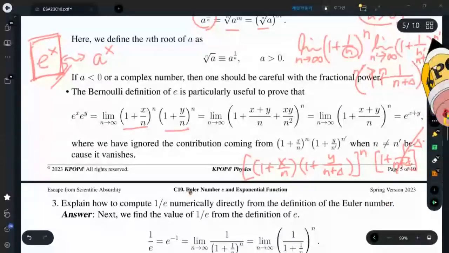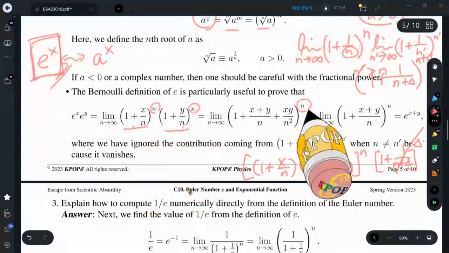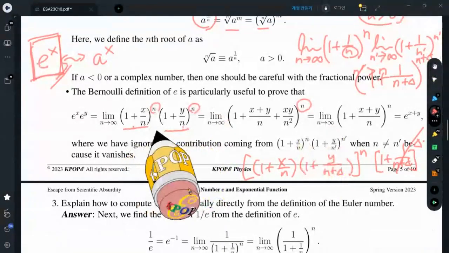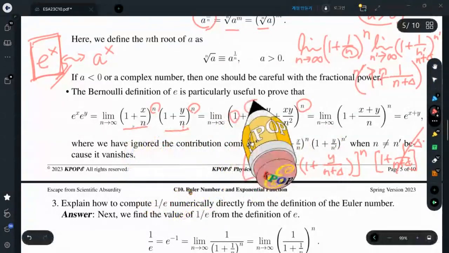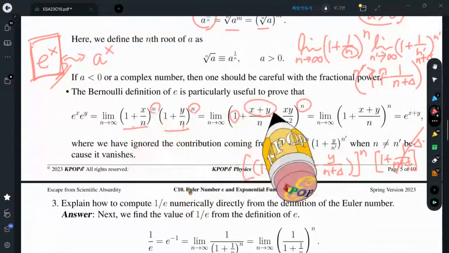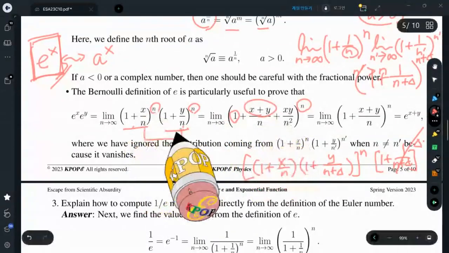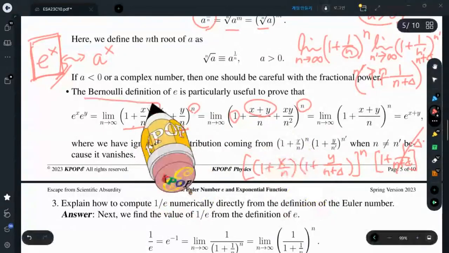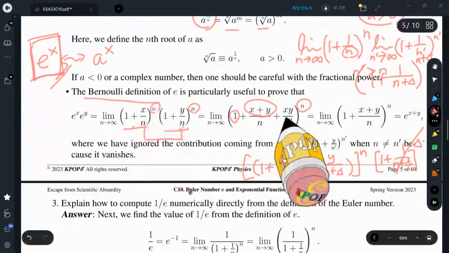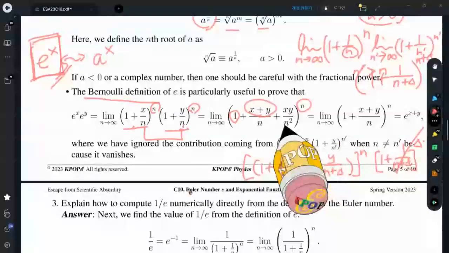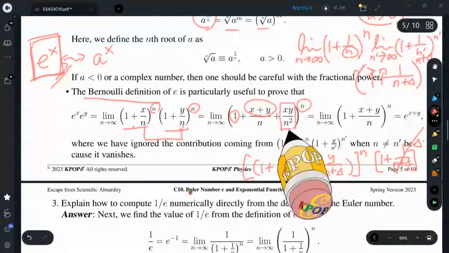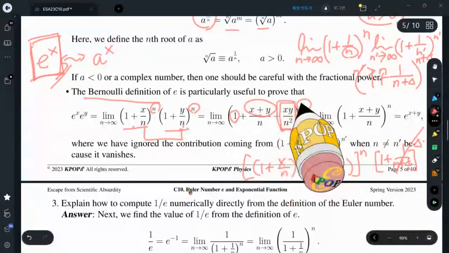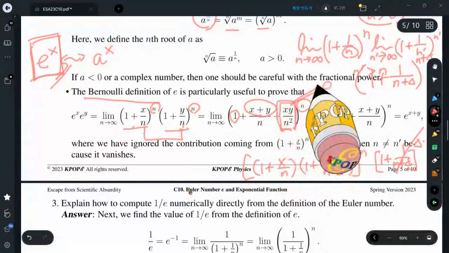So if I have the same powers, then I can simply combine them and expand. If I expand, then it is 1, and it is easy to find that 1 over n has x plus y, and this product is xy divided by n squared. The very, very good nature of Bernoulli's definition is that if I apply the binomial expansion, fortunately, the dirty term vanishes absolutely.